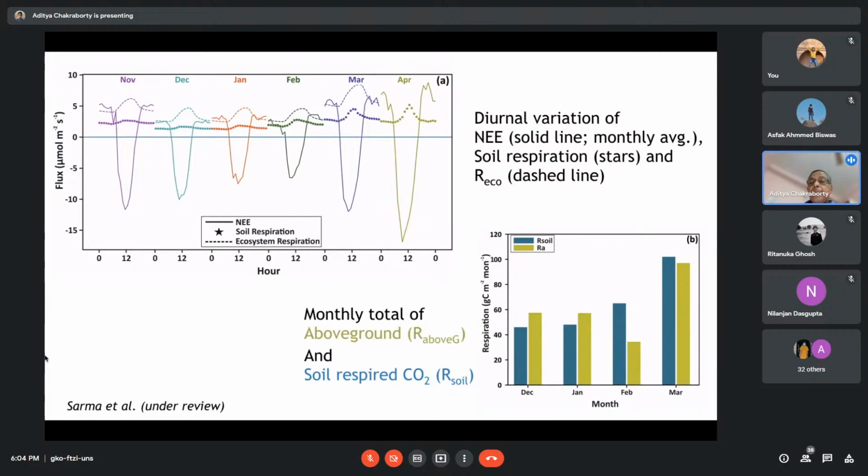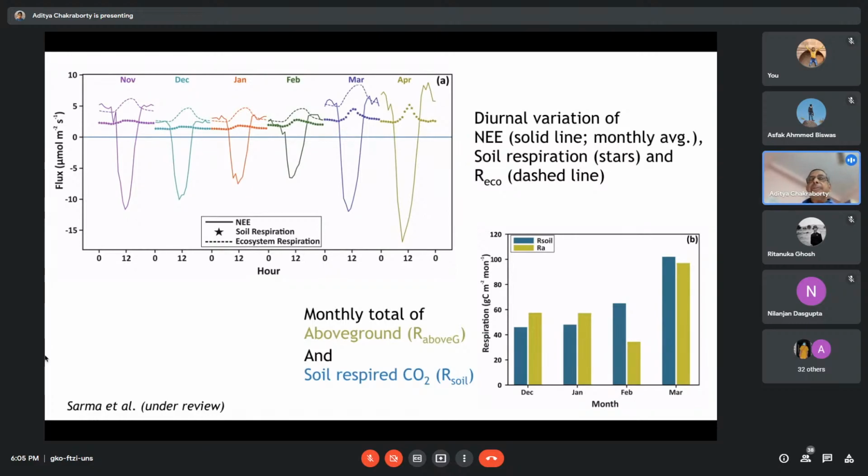In the lower right panel, it shows the monthly total above-ground and soil respired CO2. We have only a few months of data because, as I told you, during the monsoon time it gets heavily inundated.